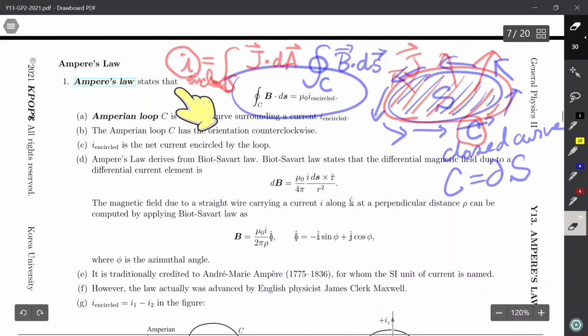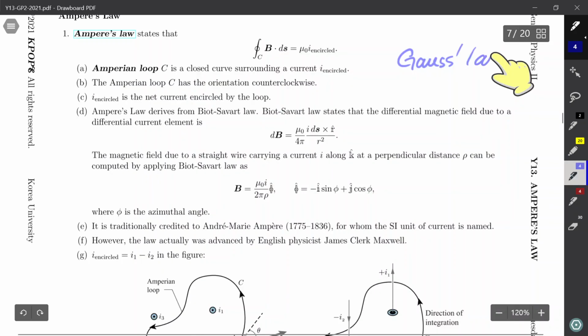Amperian, when we use Gauss law, we use some volume. We enclose some volume with the surface.